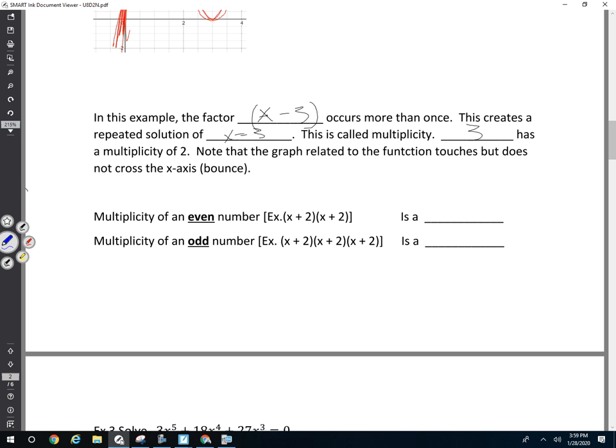Now, let's graph something where I'm just going to give you factored forms, okay? This is going to be easy, okay? I'm going to look at 2, 3, and 4. x minus 2 times x minus 3 squared times x minus 4 cubed times x minus 5 to the 4th. Please, everybody, graph this in your calculator.